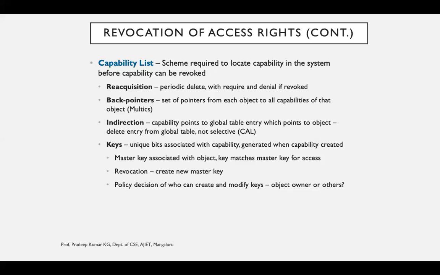That's why more weightage is given in this case. In a system where access rights are implemented using a capability list, revocation also takes much time. So how to deal with that? There are a few steps: reacquisition, back pointers, indirection, and keys.